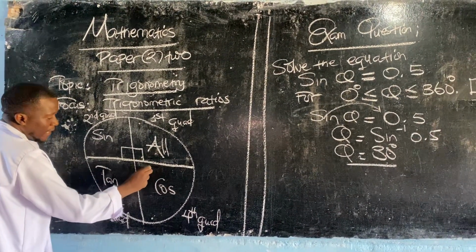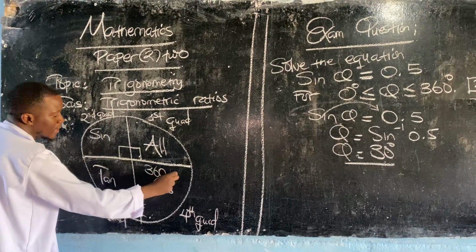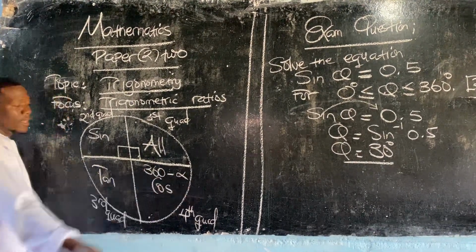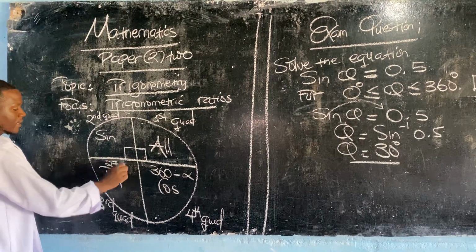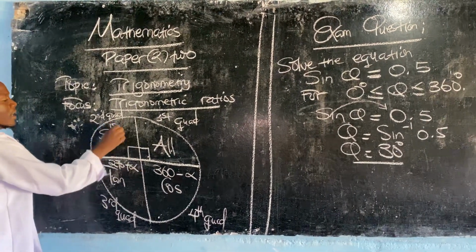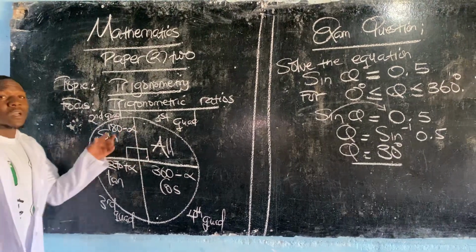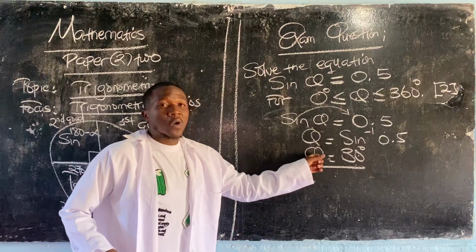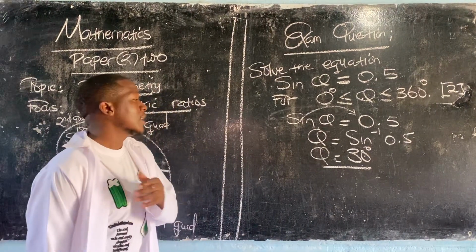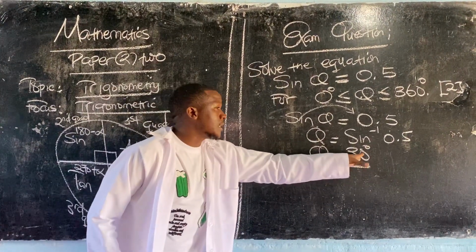And we find the theta here by saying 360 minus alpha. And here, we're going to say that is 270 plus alpha. Then here, 180 minus the alpha. And the alpha angle is the actual theta angle that we can find in the first place. So theta equals 30 degrees.